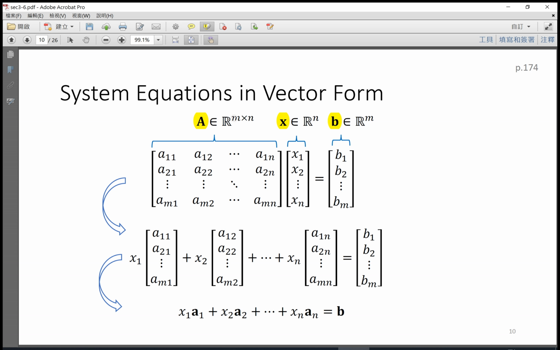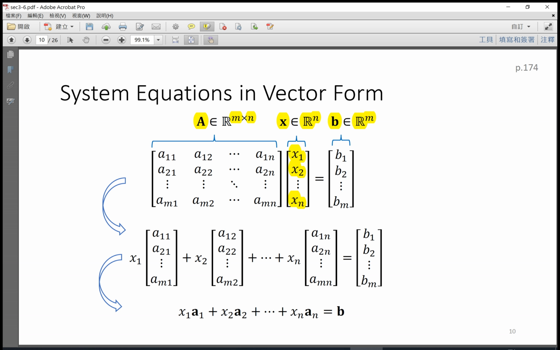Here, m is the number of equations, and n is the number of variables to be solved. X is in Rn, which is the variable to be solved, and is denoted by x1, x2, up to xn. The vector b is in Rm, a given vector.